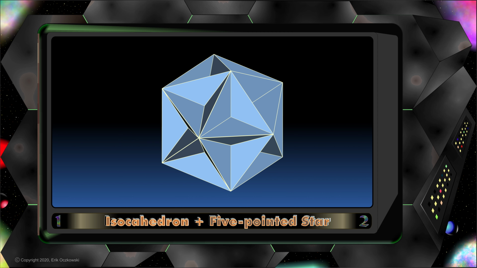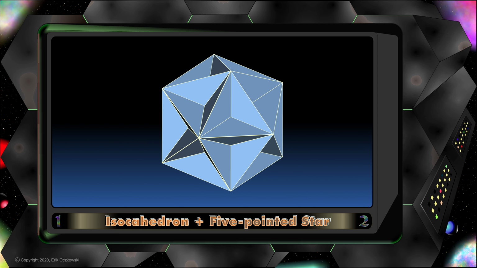And it seems that the 5-pointed star has a special meaning because we find it on every flag, on every bag, clothing, and this is probably why the 5-pointed star is slipping into the focus.